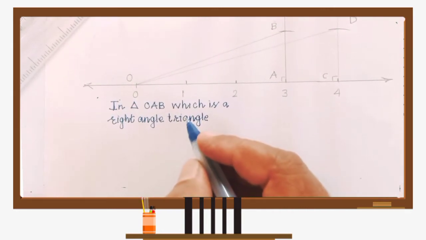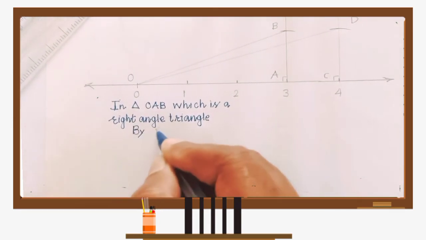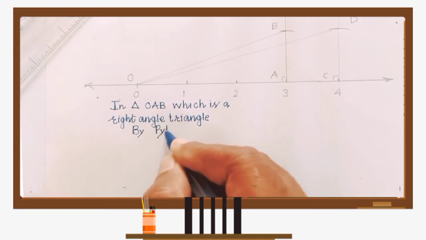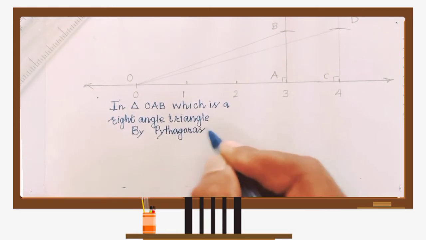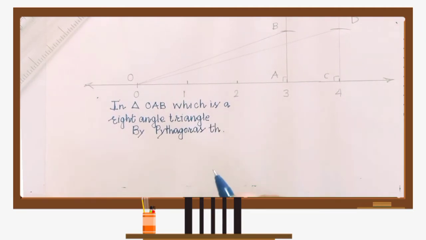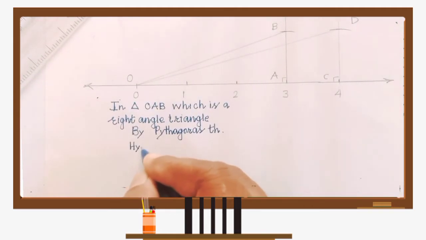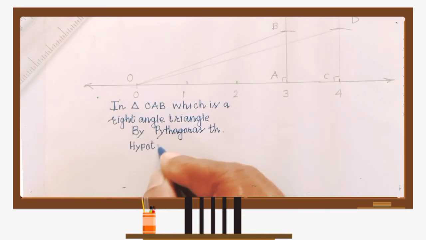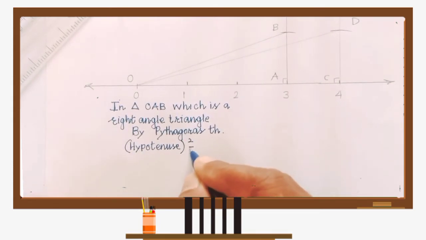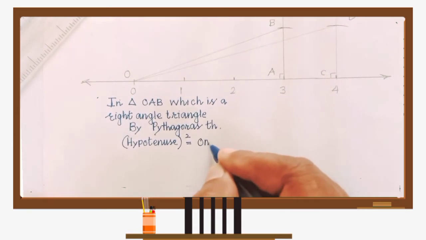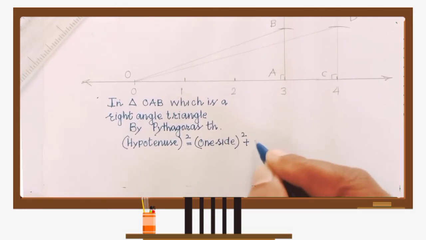Now by applying the Pythagoras theorem, OB square, that is the hypotenuse square, is equal to one side square plus other side square.